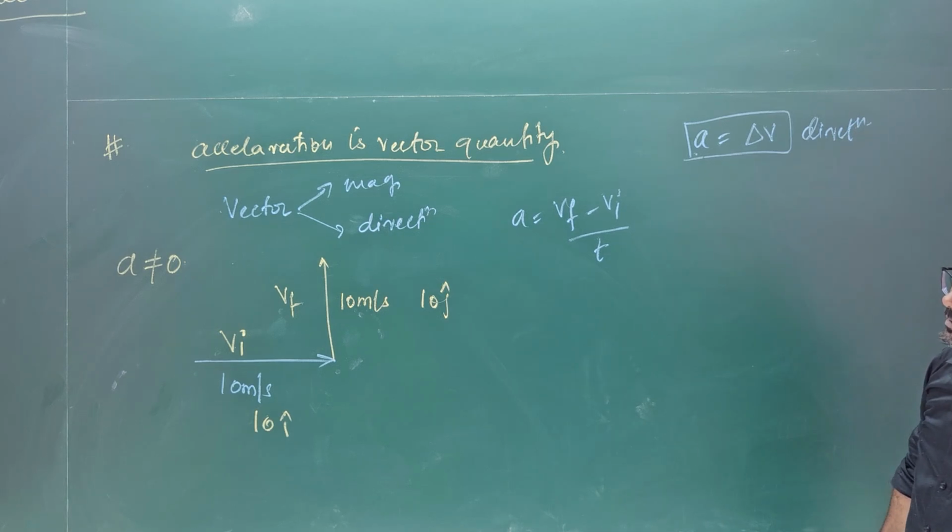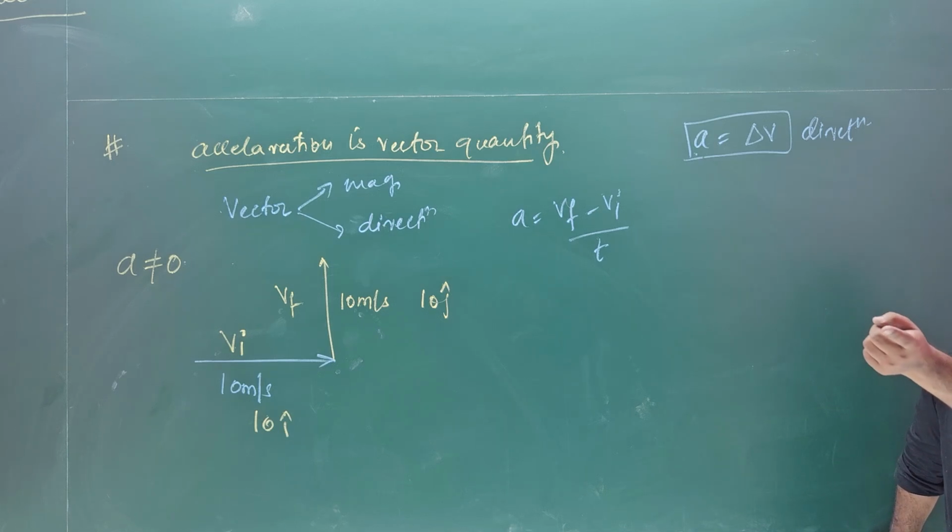Either the velocity is increasing: if velocity is increasing, the direction of acceleration is along the motion. We just checked that. And in the next step we saw decreasing velocity: whenever velocity is decreasing, acceleration has the opposite direction to the direction of motion. Yes or no?